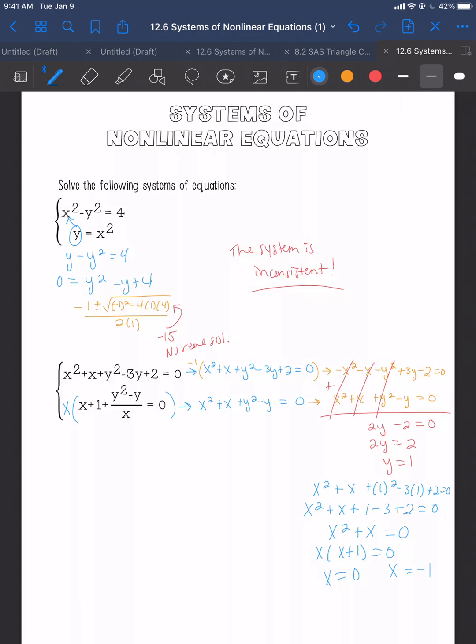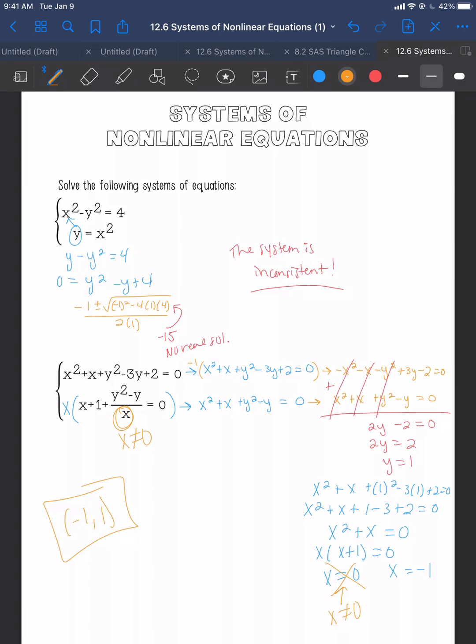And here we just have to be cautious because in the very beginning, we had x in the denominator, so x cannot equal 0. So this right here, x cannot equal 0, means we cannot use that as a solution. That's an extraneous solution. So the solution to the system would be negative 1, 1.